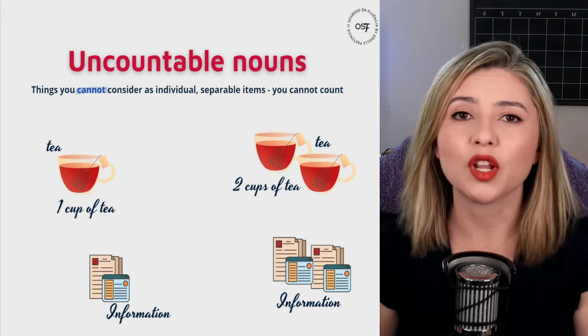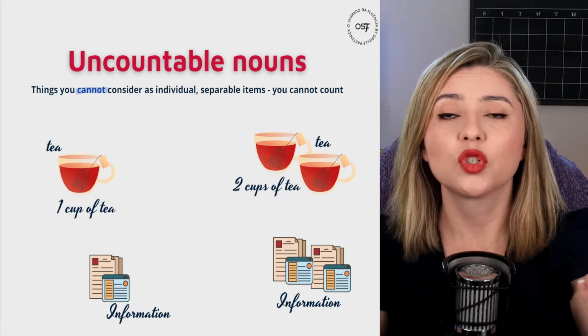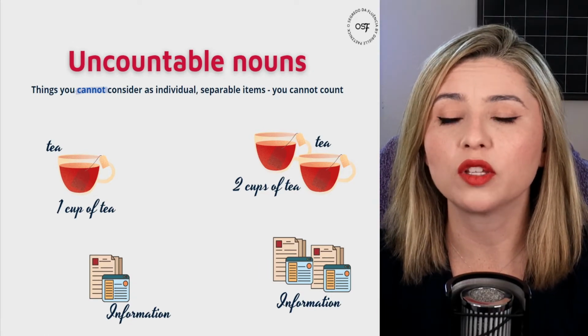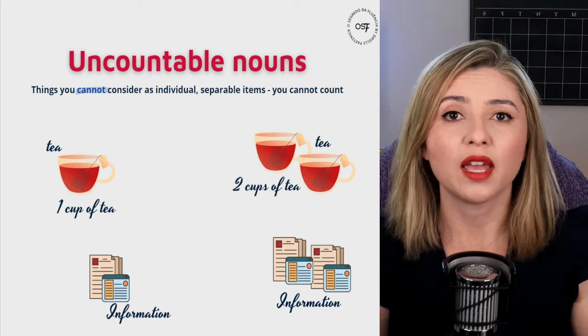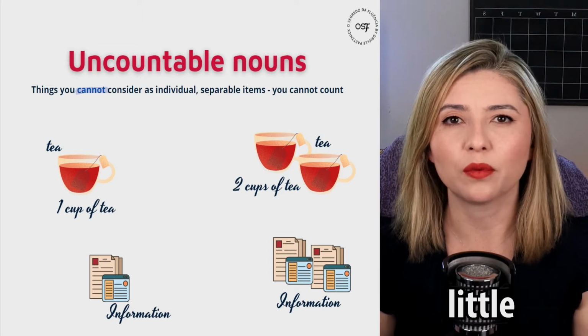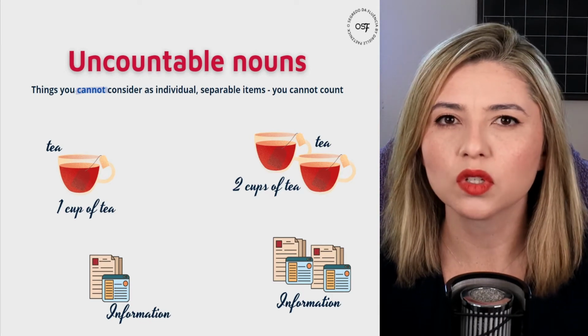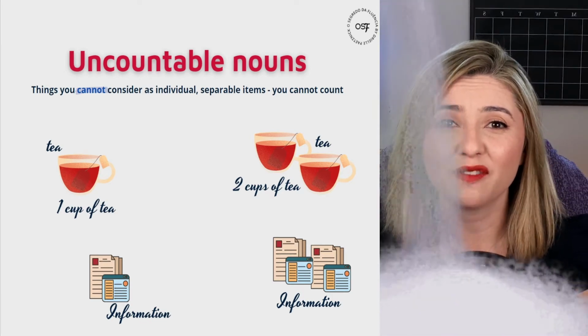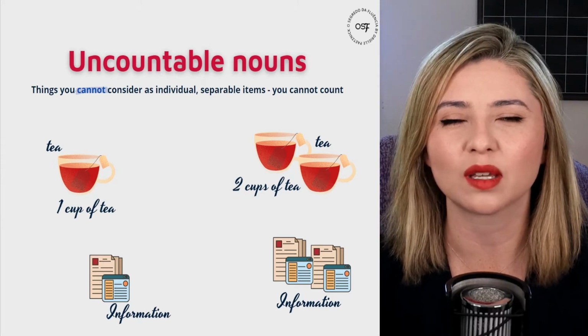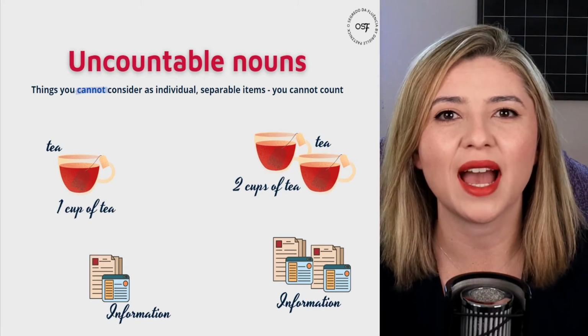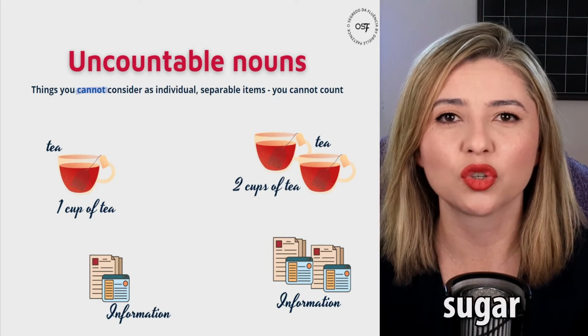So it is important to know, because then you will be able to understand and know if you're going to choose much or many. And the same thing goes for a few and little. Sugar. Can you count sugar? It would be very difficult for you to count sugar, right? So sugar is a non-countable noun. I do not say I have few sugar.